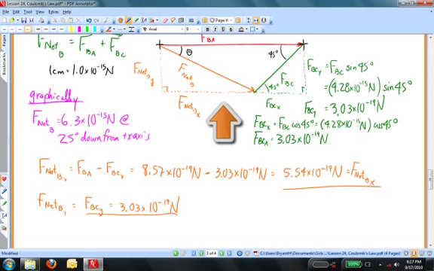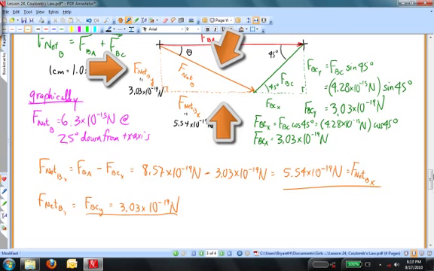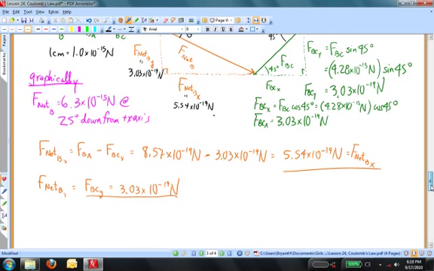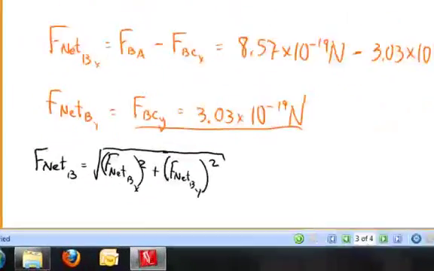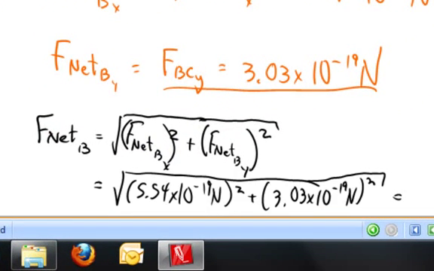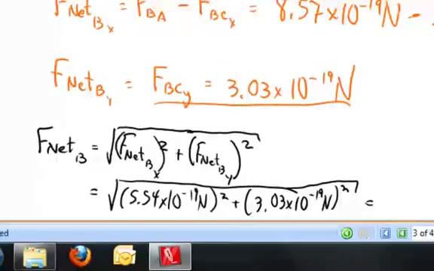That's 5.54 times 10 to the minus 19 newtons. And I know the vertical leg of this net force triangle, 3.03 times 10 to the minus 19 newtons. I want to find the hypotenuse of that net force triangle, so I'm going to use the Pythagorean theorem. And so I'm going to put in the numbers, and I'll feed it into my calculator, and I get 6.31 times 10 to the minus 19 newtons.